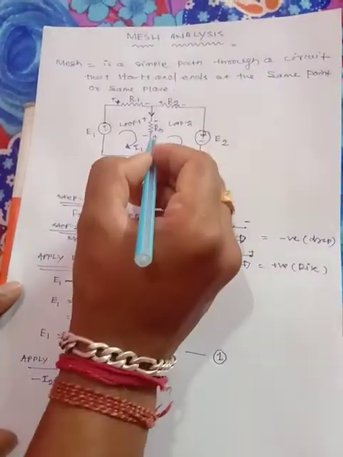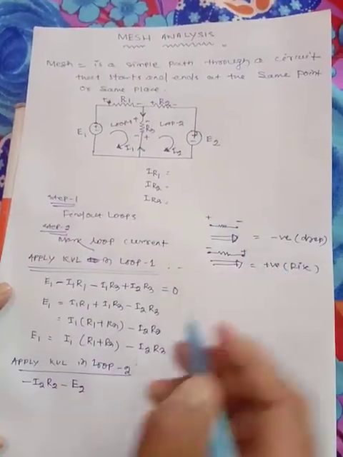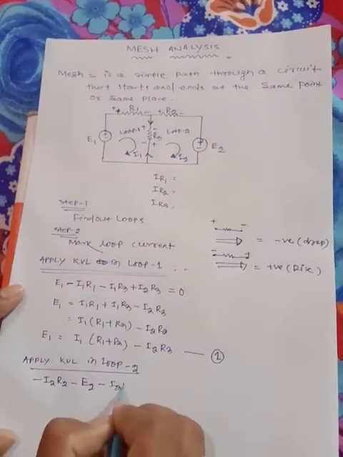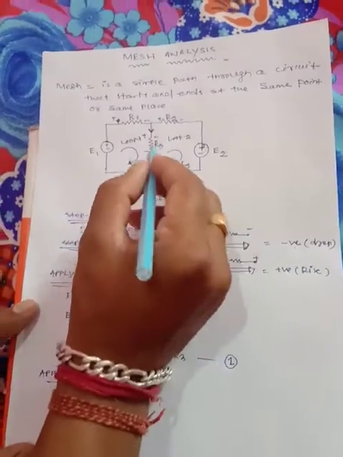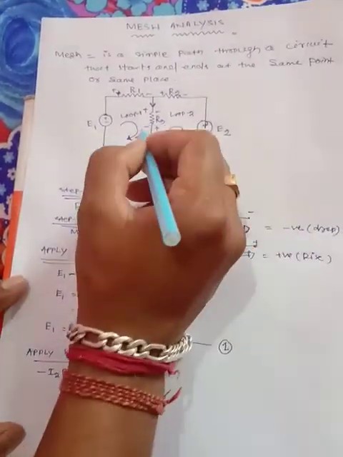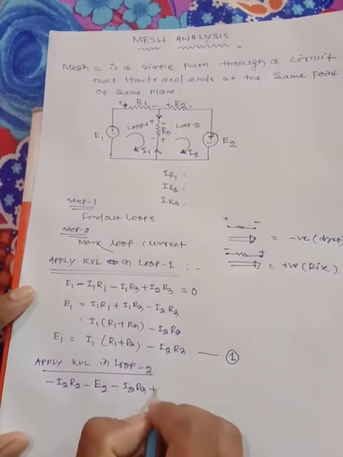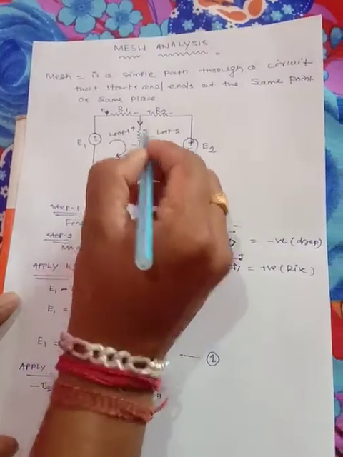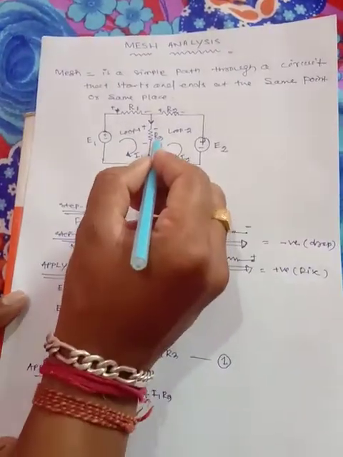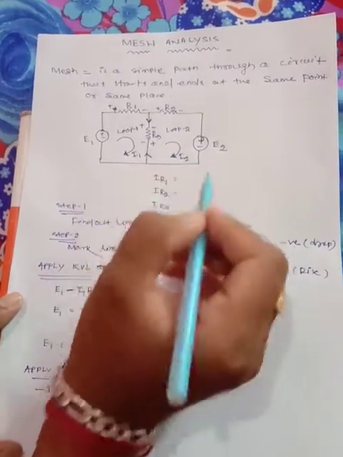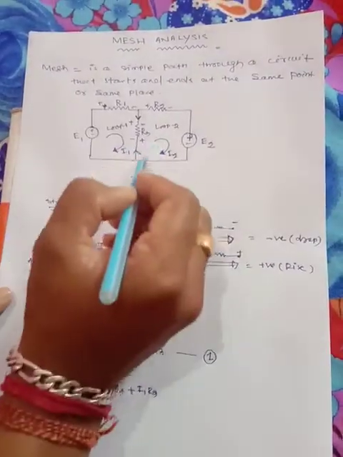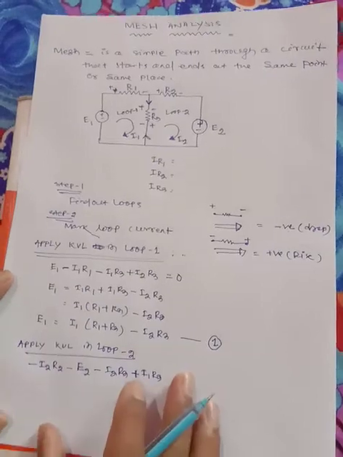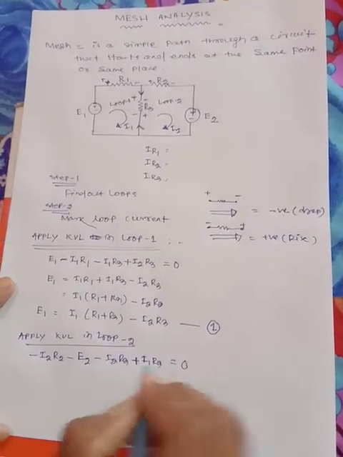Then the I2 current through R3: I2 R3. Here the I2 current is flowing and also the I1 current is flowing in the reverse direction. So first the I2 current is considered, next the I1 current. In that direction, negative to positive, so positive I1 R3. The sum equals 0.